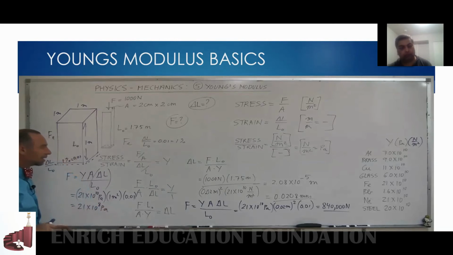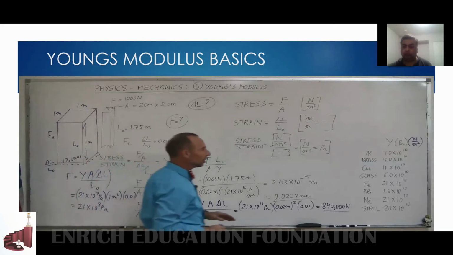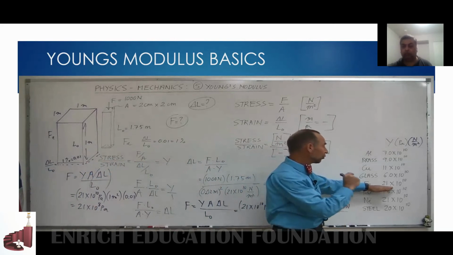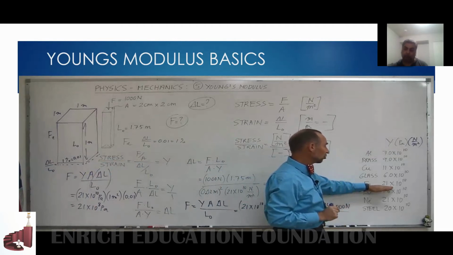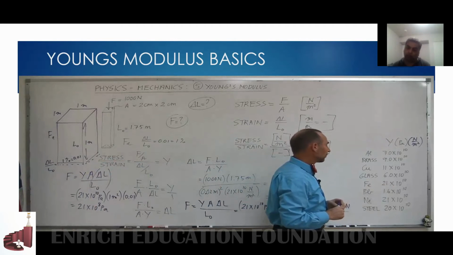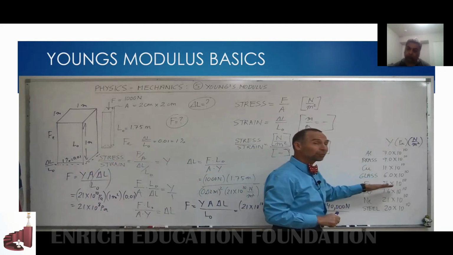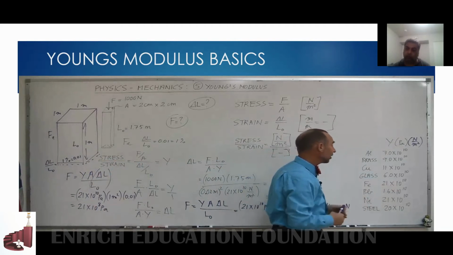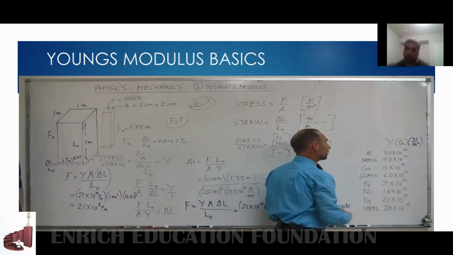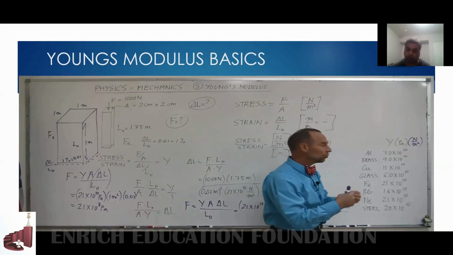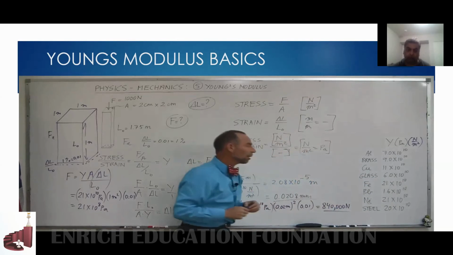So now we have a pretty good idea that this tells us the amount of force per unit area we have to apply to obtain a certain ratio of change. For example, if we want a 1% change, we multiply this by 1%, and that's the force per unit area you have to apply to gain that percent. If you want a 10% change, then you have 21 times 10 to the 9th newtons per square meter to deform a material.